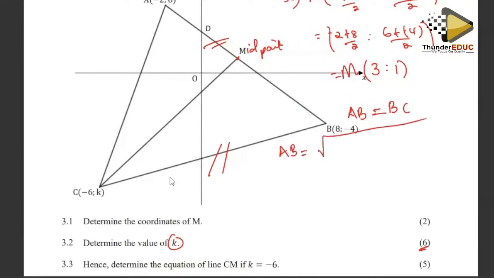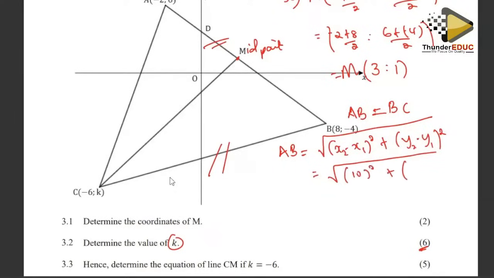So the distance formula is the square root of x2 minus x1 squared plus y2 minus y1 squared. When I do the substitution, that's 8 minus minus 2, which is 10 squared, and then -4 minus 6, which is -10 squared.